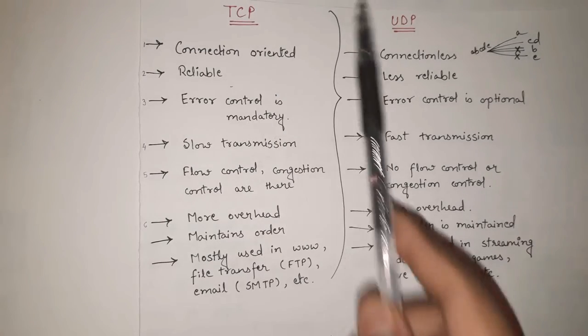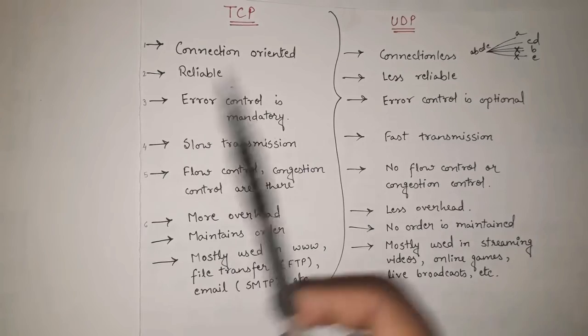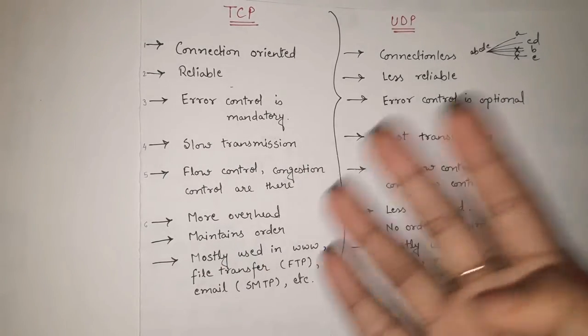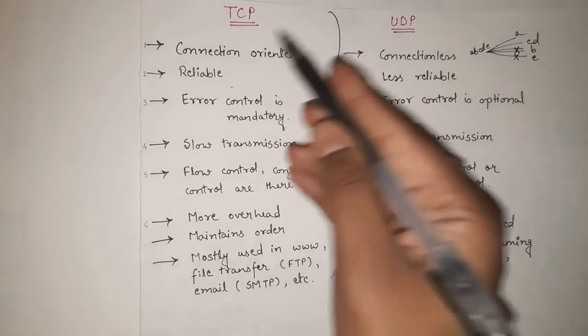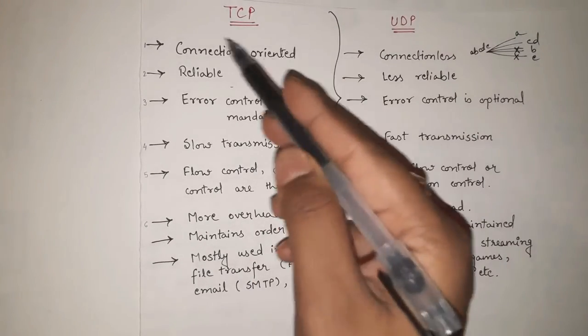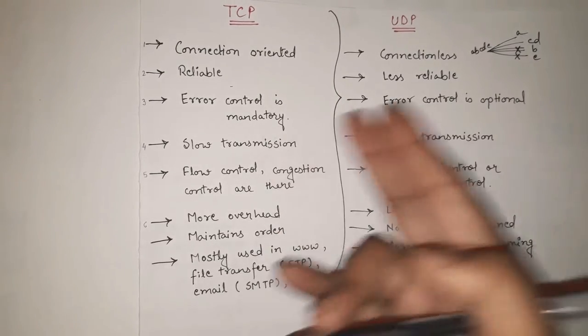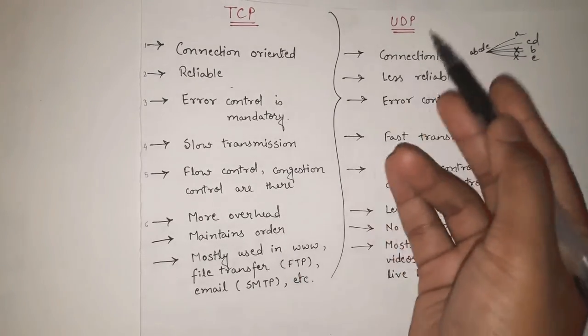Fine. Then in TCP the transmission is comparatively slow. Like we are not saying that the transmission of TCP is always slow, because if I compare directly between TCP and UDP, TCP is mostly used nowadays. But if we compare both of them, in comparison TCP is a little slower than UDP.